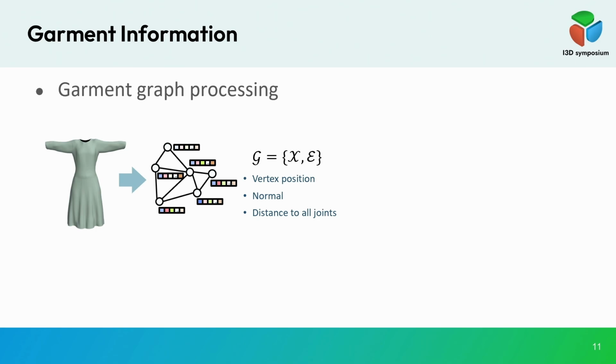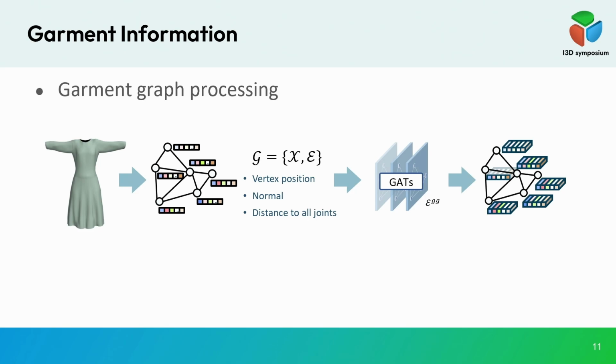In this graph, X represents the feature set of all vertices, including position, normal, and distance to all body joints, and E represents the edges. Then, we employ a garment graph encoder to transform these graph features into the latent representation.